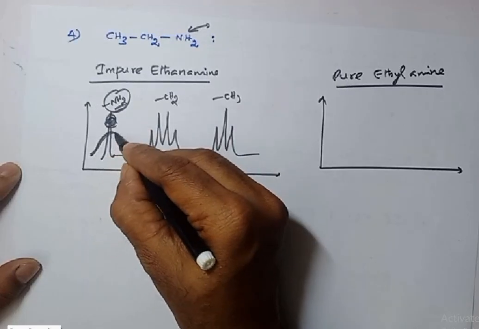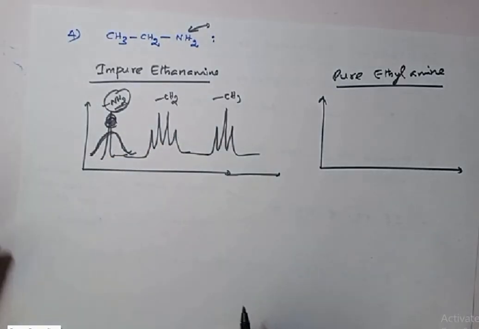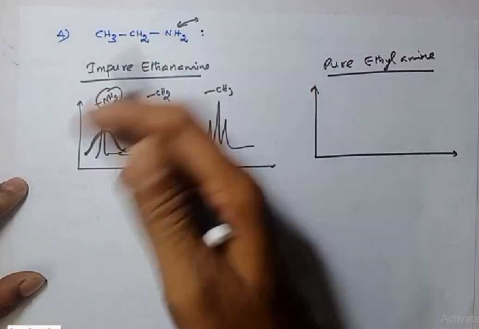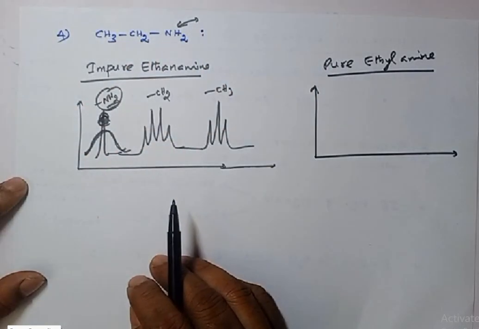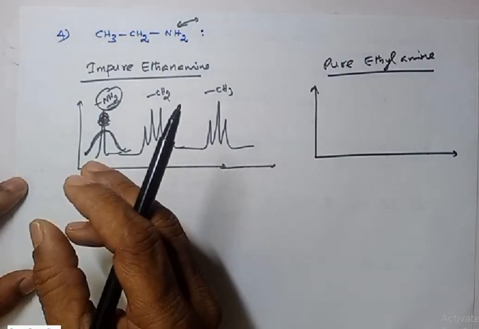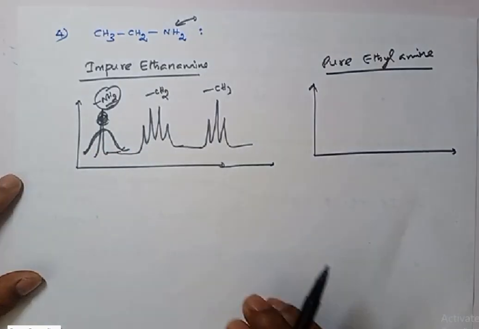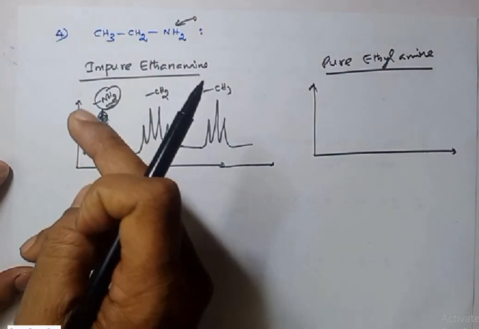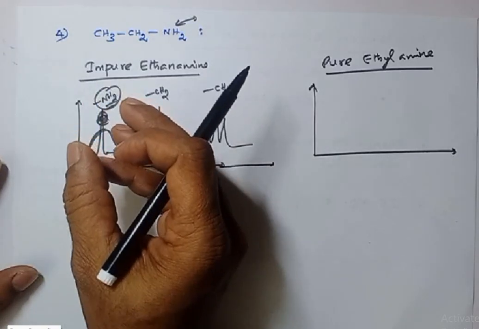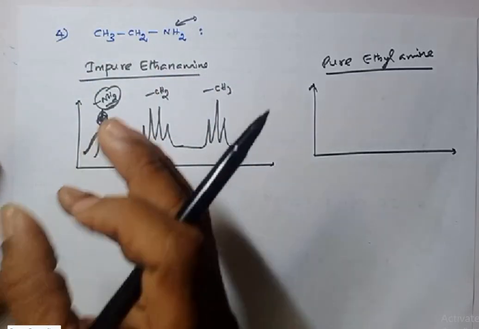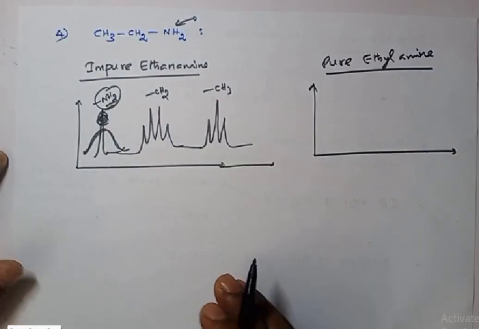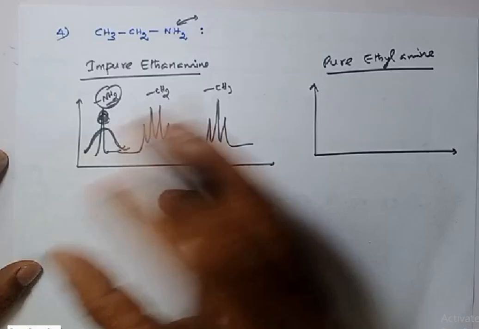It appears as a broad peak. Why a broad peak? The reason is, listen, these hydrogens are involved in fast exchange, so the uncertainty with this proton to interact with the magnetic field is somewhat difficult, or we can say since it is involved in fast exchange.